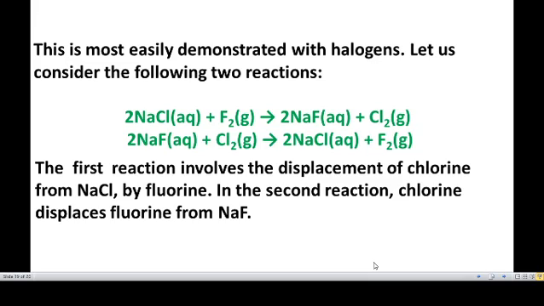Let us consider the following two reactions. NaCl plus F2 to form 2NaF plus Cl2: sodium chloride plus fluorine to form sodium fluoride and chlorine. The second reaction: sodium fluoride and chlorine to form sodium chloride and fluorine.